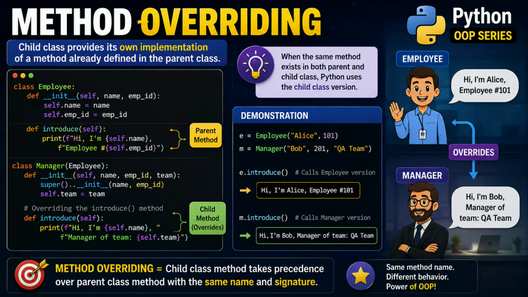One more important concept before we finish, which is nothing but method overriding. Sometimes a child class needs to do the same thing as the parent class, but differently. For example, imagine a manager's introduce method. Previously, we have seen the employee and manager concept, right? In that case, we called the same introduce method.